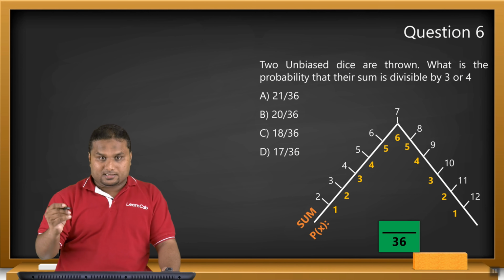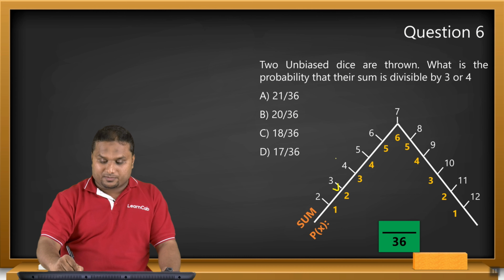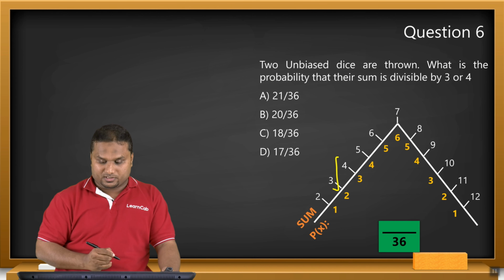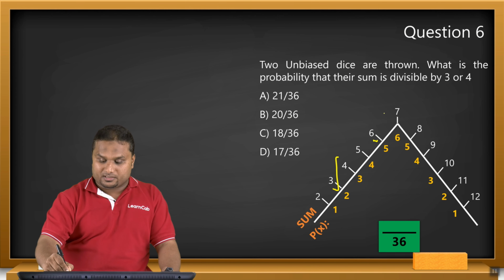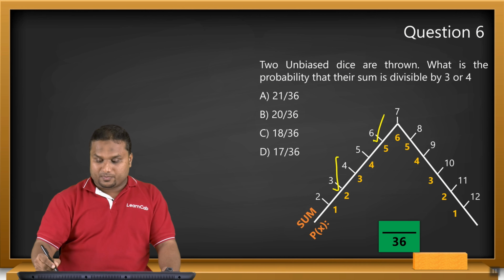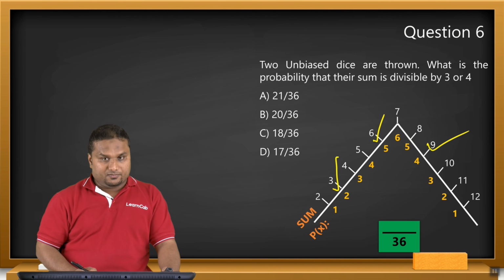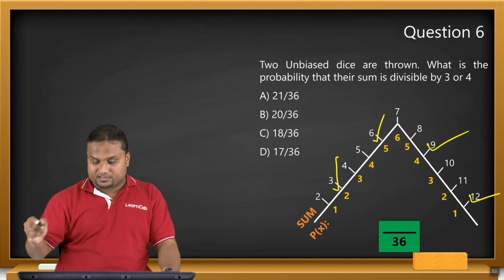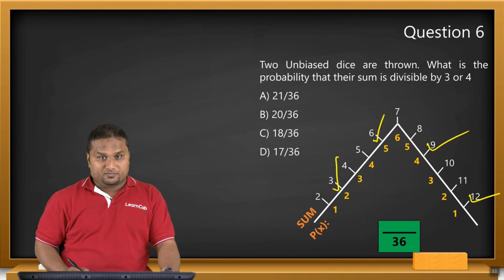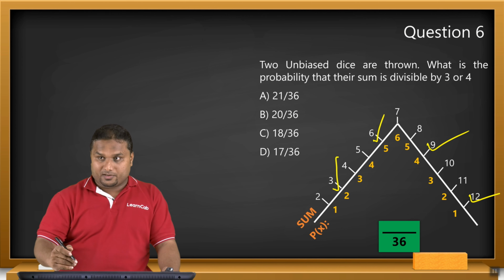Let's discuss. Their sum divisible by 3 means 3 is possible. Then divisible by 3 means 6 is there. Then 9 is there. Then 12 is there. So these are the items which are divisible by 3. The question is not only divisible by 3 but also divisible by 4.